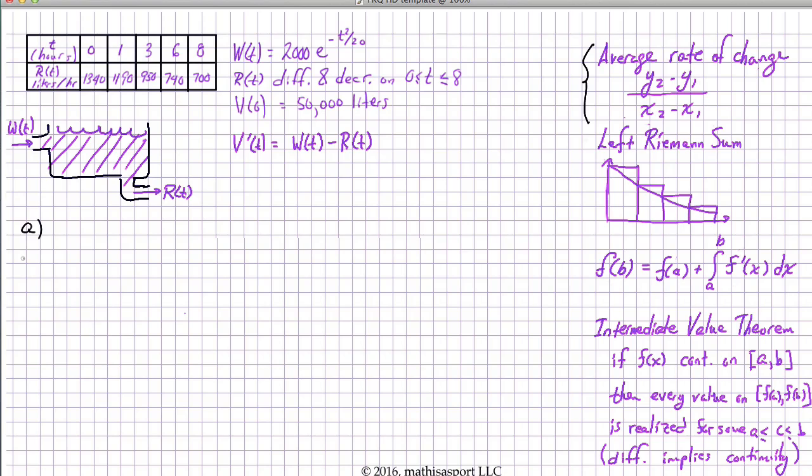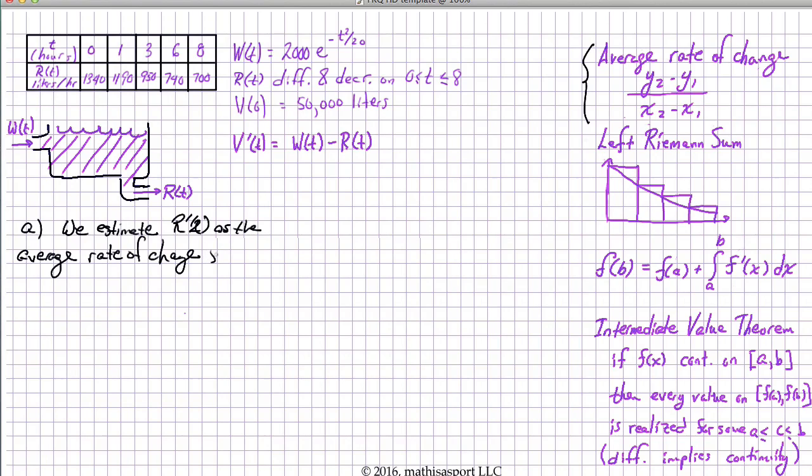In this case, we're going to write that like this. So we estimate R prime of 2 as the average rate of change on the interval for which we have data that's closest to R of 2.